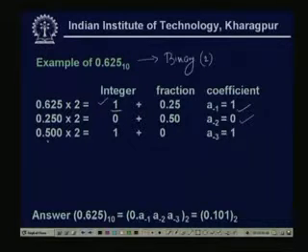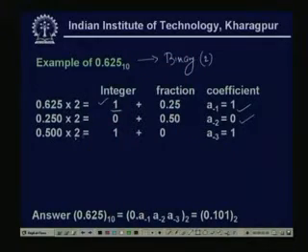Now again 0.50 into 2, because I have to continue until I get my fraction to be 0. If I multiply, I get an integer 1 and now my fraction becomes 0. So the coefficient is 1.